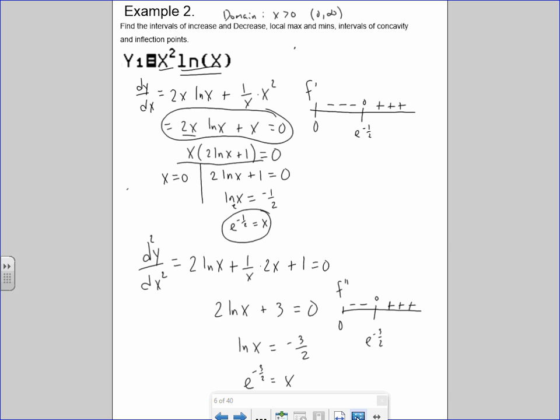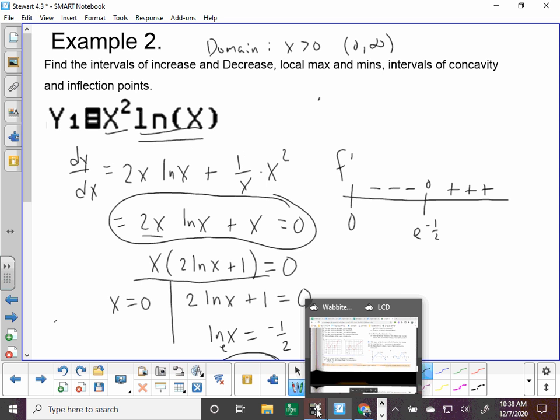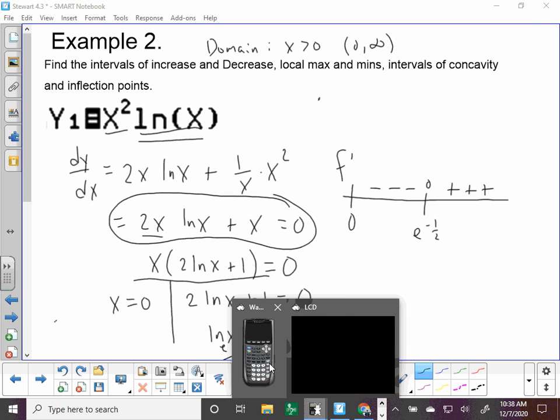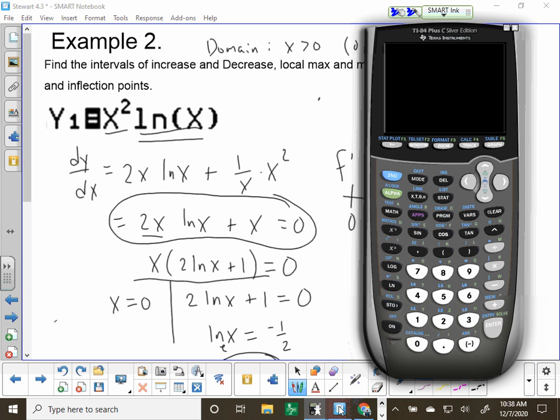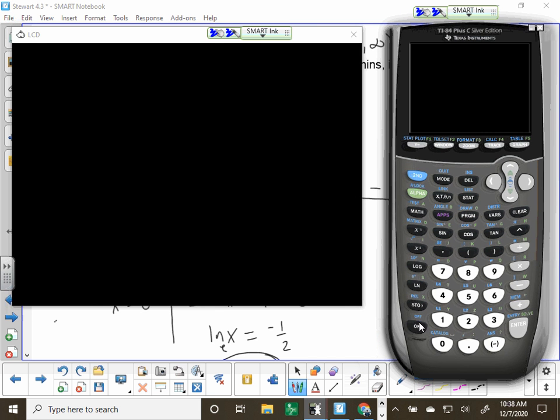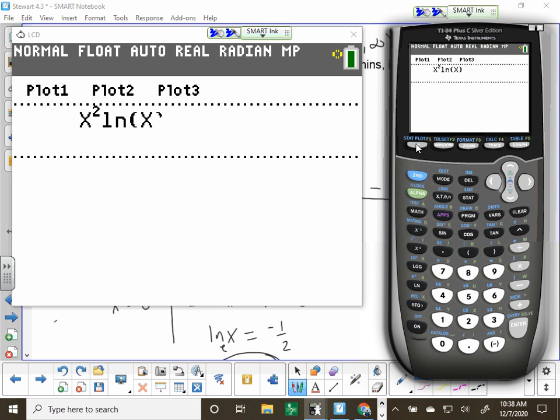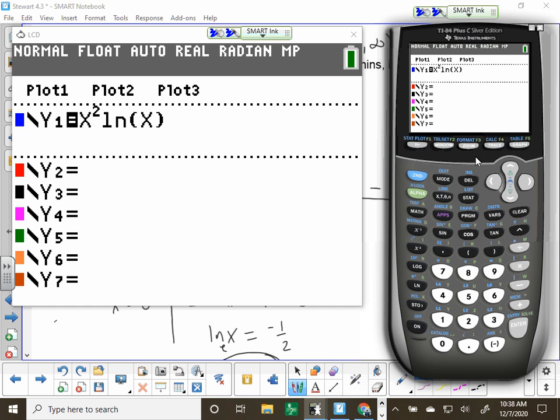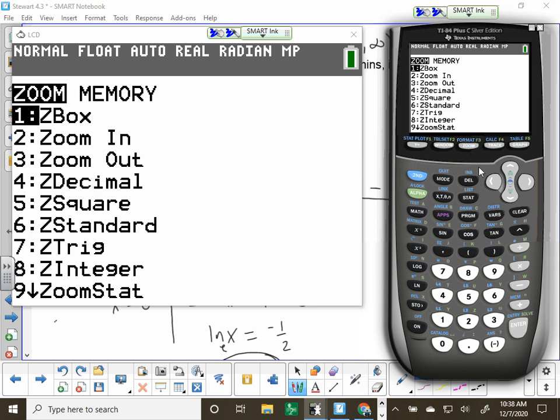So I'm going to do this live on the calculator instead of doing it by the graph that's there. So I'm going to bring this up, and go here, and then zoom. There it is, typed in. I'm going to do zoom and standard, which is number 6.